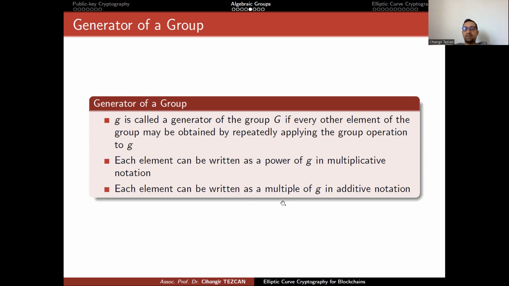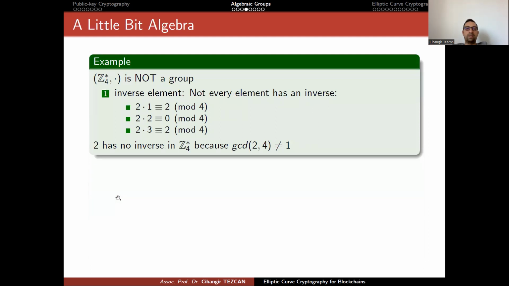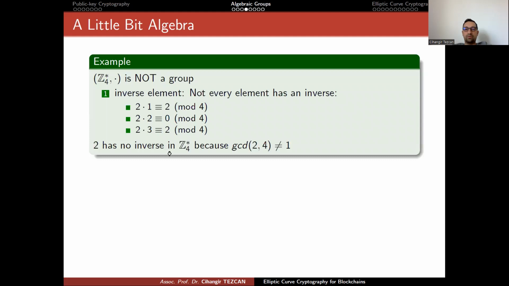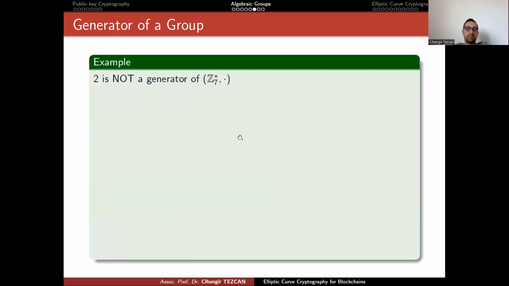Each element can be written as a multiple of G in additive notation. So I'm saying this because I give you examples of groups with multiplication and also addition. So in addition, we use the notation as multiples. In multiplicative notation, we use the powers to represent elements.